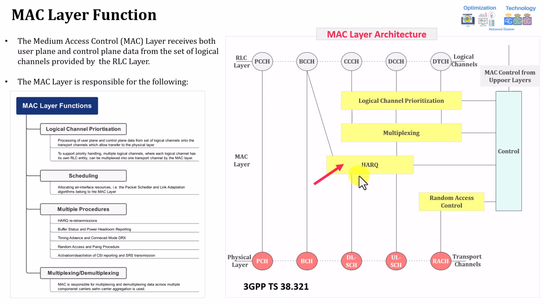This is about HARQ in general. HARQ is used for the retransmission of data, as I just mentioned. It's a mechanism to rapidly correct transmission errors. If you have any transmission error, HARQ will be responsible for rapidly correcting all these errors, which might be due to some noise or unpredictable channel variations in the air interface and so on.